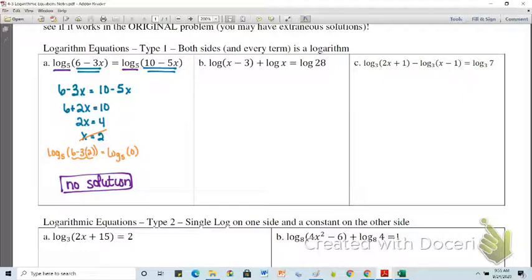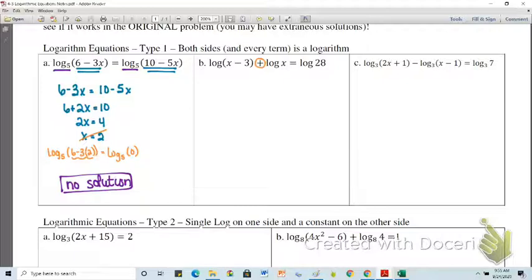Notice B, I have 2 logs on the left and 1 on the right. In order for me to solve this, I must combine it down into log equals log. So I have to figure out, what does this plus really mean? How can I condense this down? So remember when we did 4-1, plus really meant times.